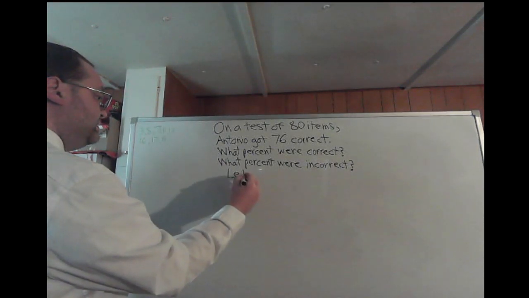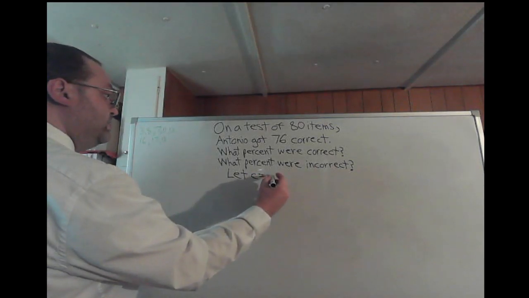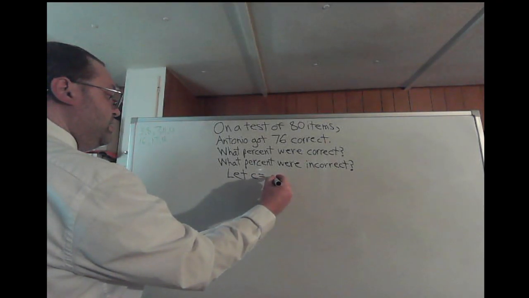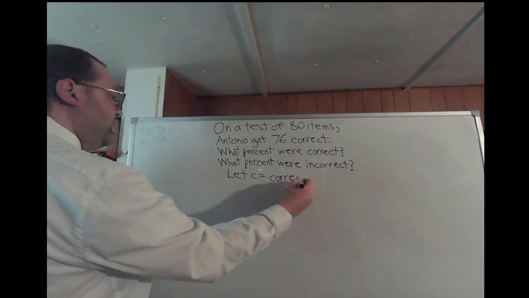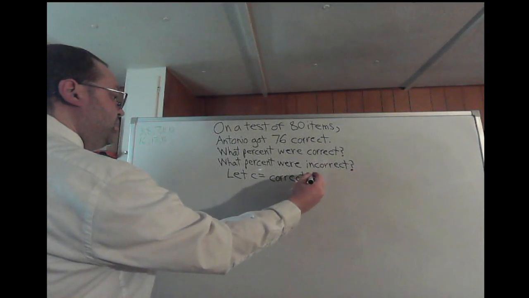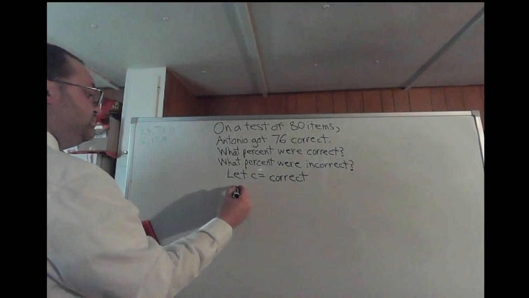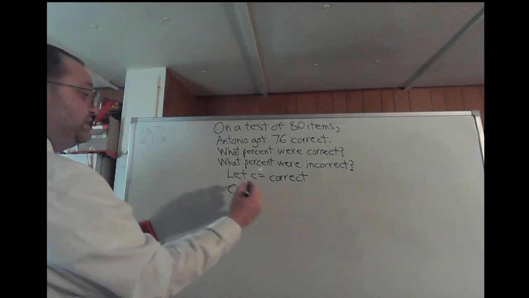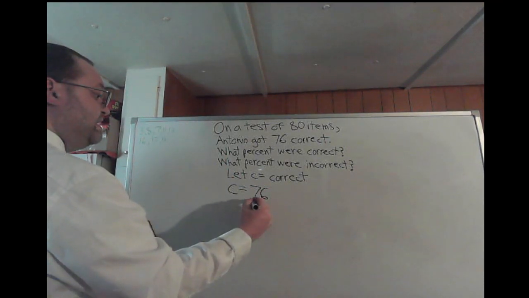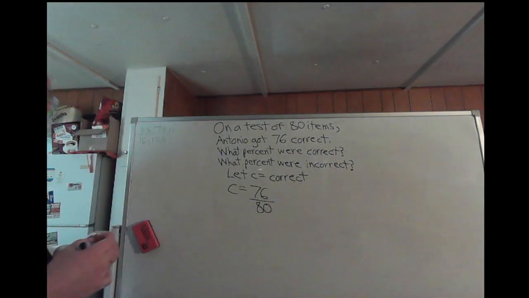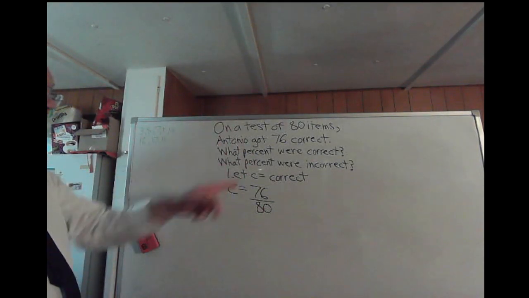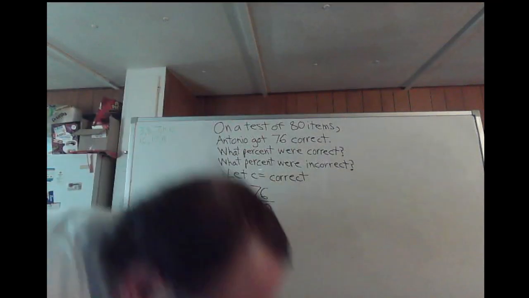We will let C equal correct. Alright, so C, the correct number, is equal to 76 out of 80. So he got 76 out of 80 items. 76 out of 80 were correct.